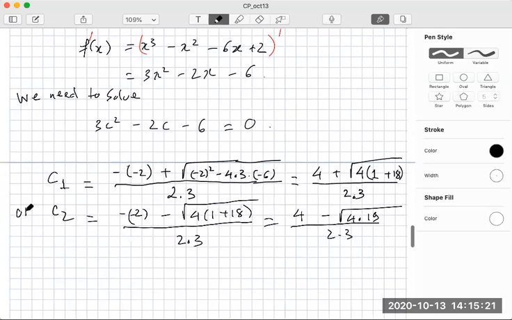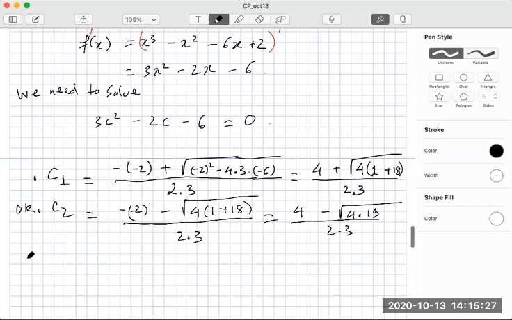So we have two solutions here. Let us simplify it further, okay? C1, can we simplify it and help me, please? Very good.